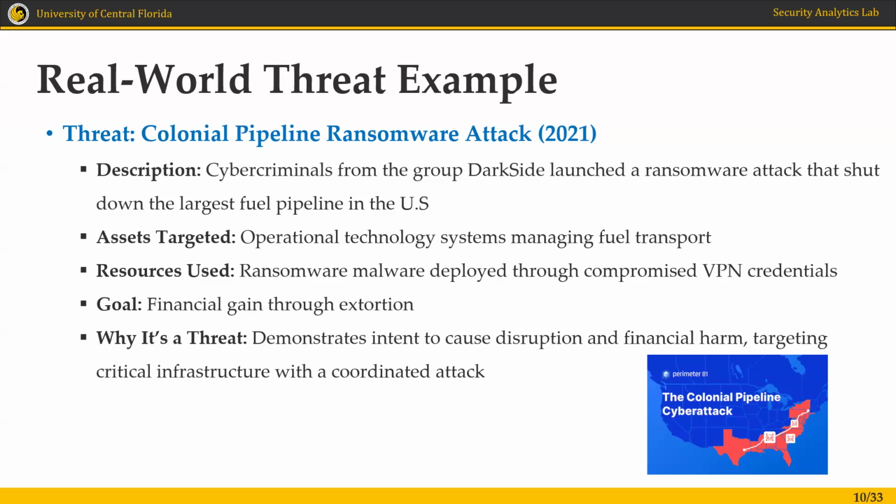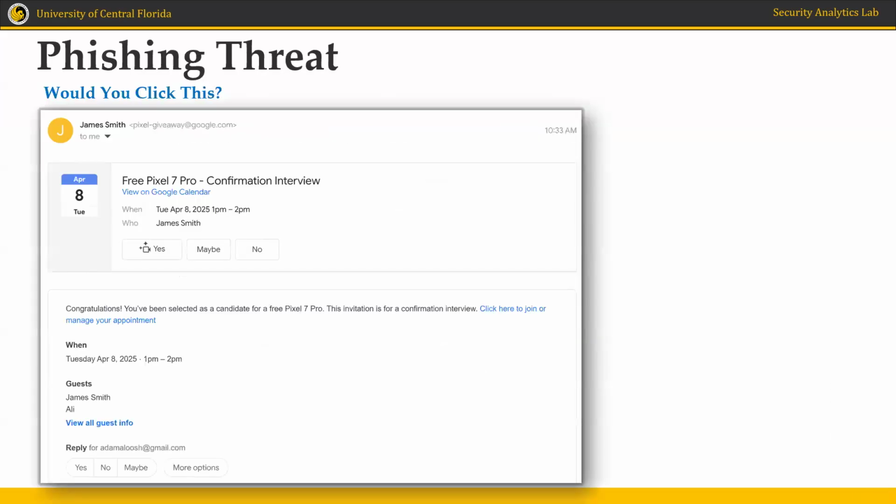The assets targeted were operational technology systems managing fuel transport, and I think it affected where we live here in Florida too. The resource used was ransomware malware deployed through compromised VPN credentials, and the goal was financial gain through extortion. It is a threat because it demonstrates intent to cause disruption and financial harm that can target critical information.